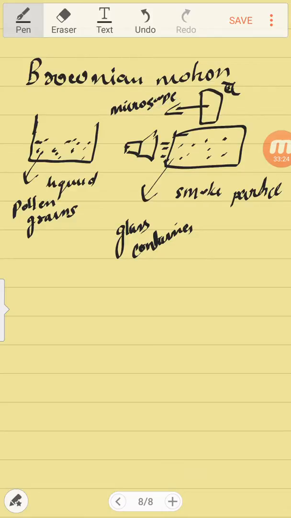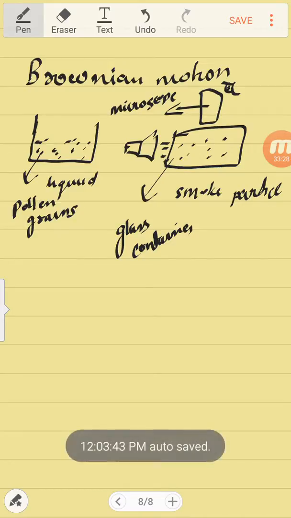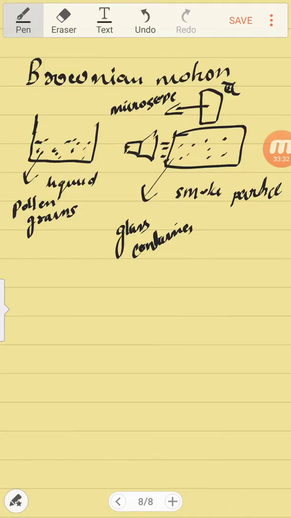He was observing with the help of what? Microscope. He put a light also so that he can see. The thing he saw was why the smoke particles were moving. It was moving because the air particles were present there, right?